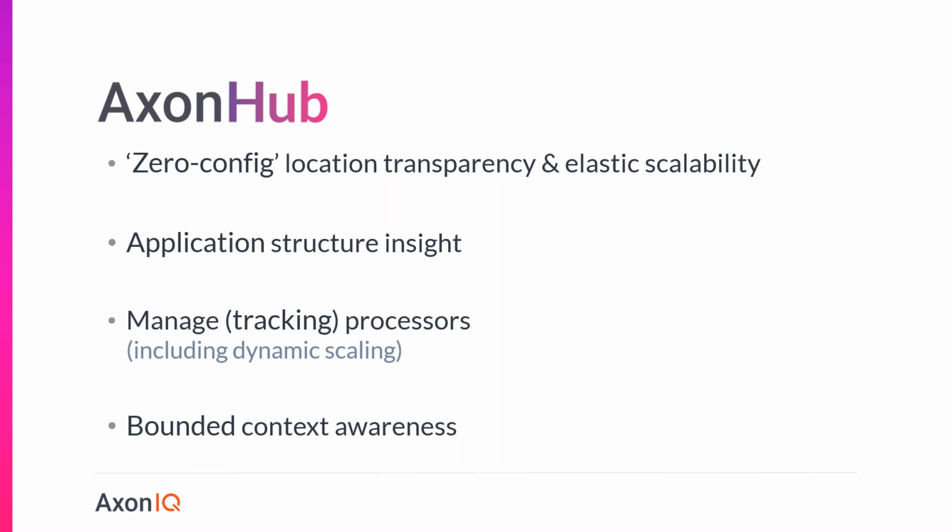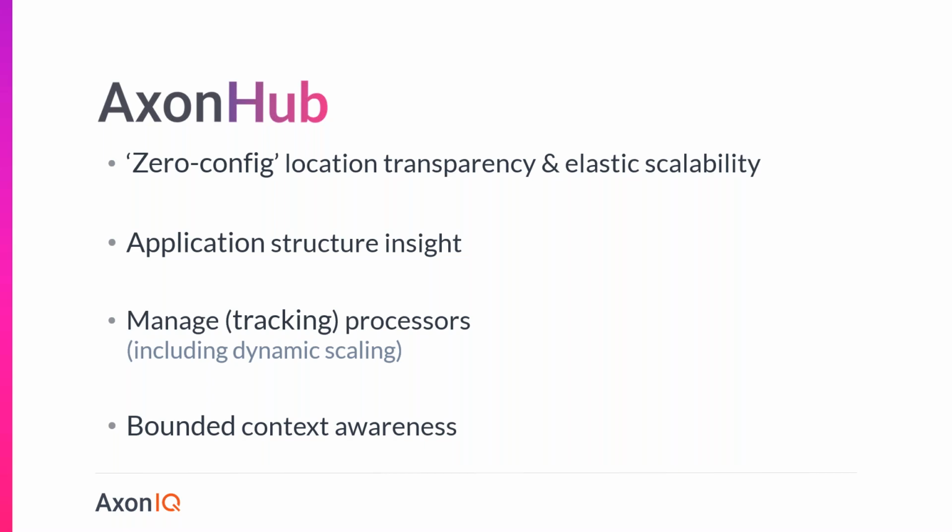It's able to dynamically scale the number of processors. If you're doing a replay, for example, you might want to have more threads, more processing power to catch up in handling events, as opposed to when you're up to date and you're basically waiting for events to occur. So Axon Hub can manage that dynamic scaling between multiple instances as well.